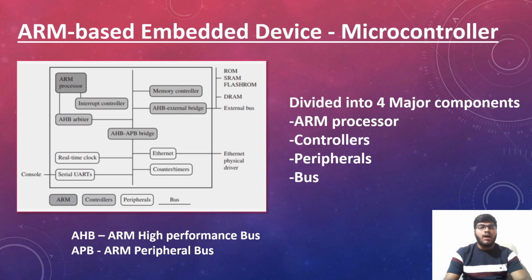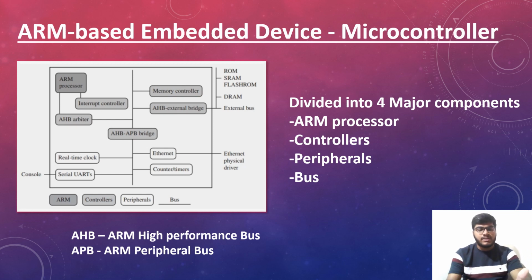And now the ARM-based embedded system, that is also called as microcontroller, which is divided into four major components: the ARM processor, controller, peripheral, and the bus. A typical diagram of the microcontroller or the ARM-based embedded device is given here, in which all the devices are interconnected between the AHB and APB bridge.